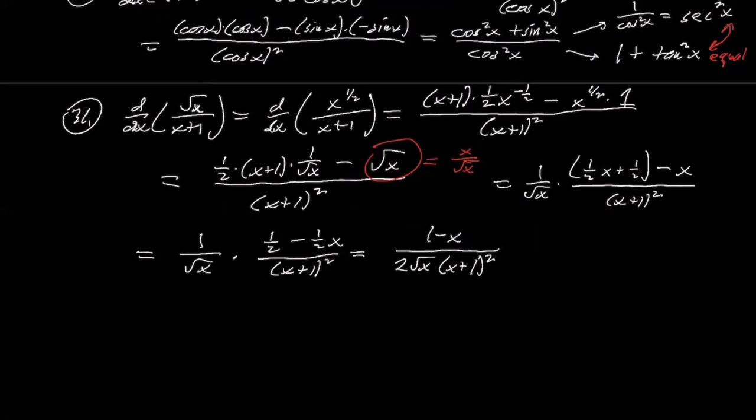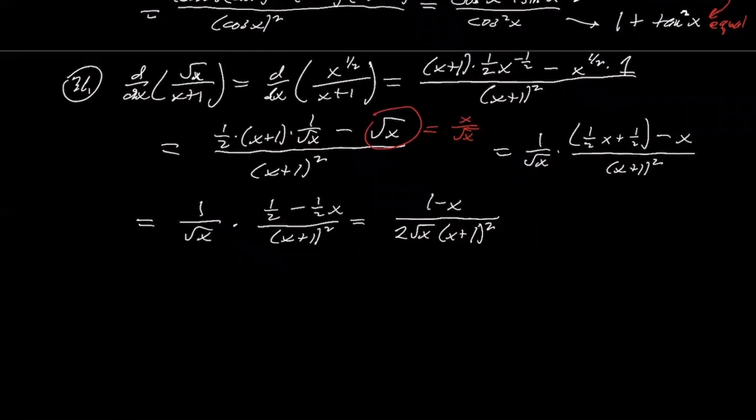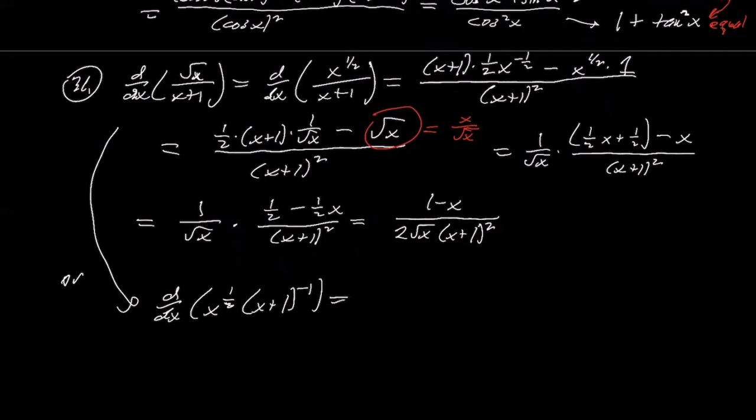I suppose the other thing you could do, just to belabor this even more, is avoid the quotient rule, where you say this is the derivative of x to the 1/2 times x plus 1 to the minus 1 power. Then that is the first times the derivative of the second, times minus x plus 1 to the minus 2, plus the derivative of the first times the second.